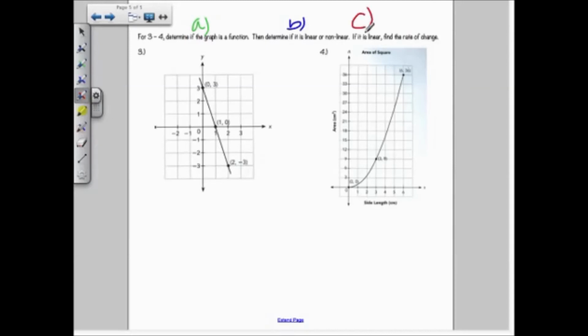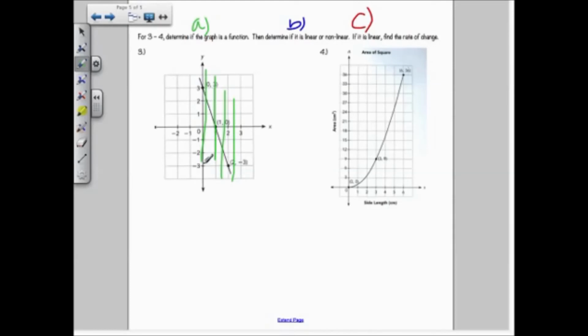Okay, so first of all, we need to look at 3, and I'm going to try the vertical line test, remember the VLT. So if I were to draw any vertical line through my points right here, it should only pass through my function once. So every vertical line that I draw through right here only intersects my function once, so it really truly is a function.